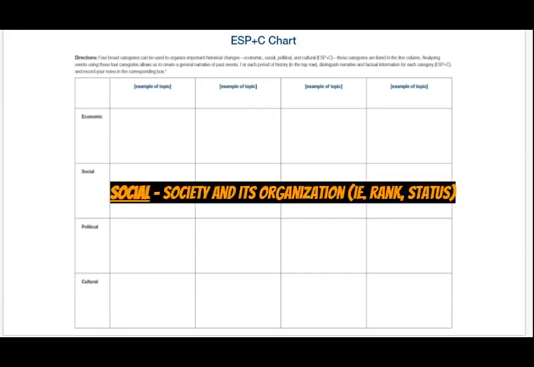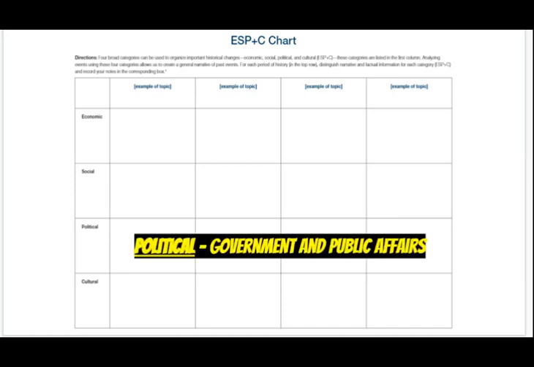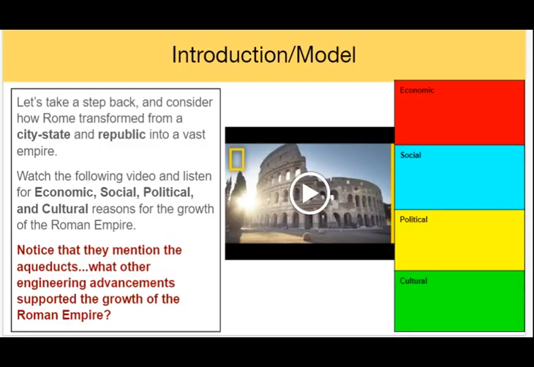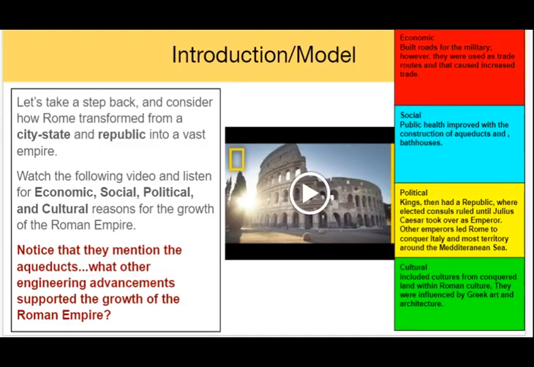Social, meaning how things within society, organized society, how people live in society. We looked at that for the rise of the Roman Empire. Then we looked at politics, government, how Rome got an emperor after having a republic. And finally, we looked at cultural, all the different things that Rome did and their cultural inclusiveness, how they took cultures from other regions.